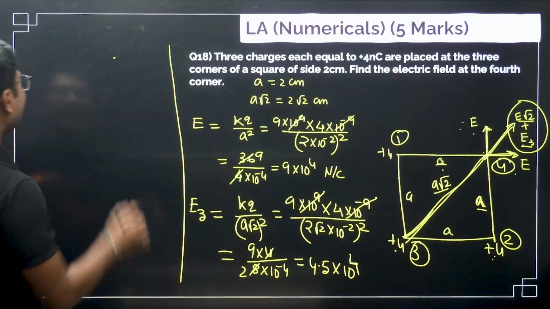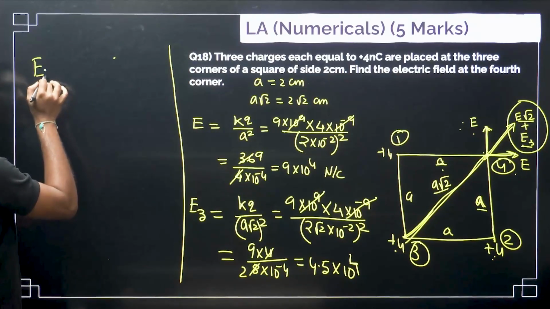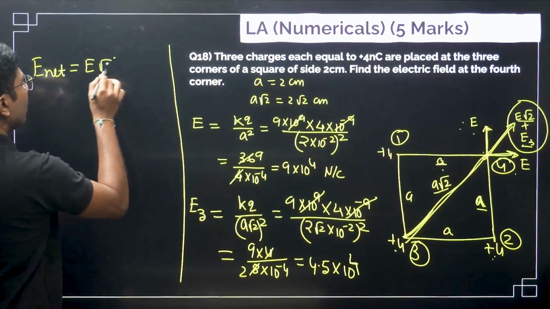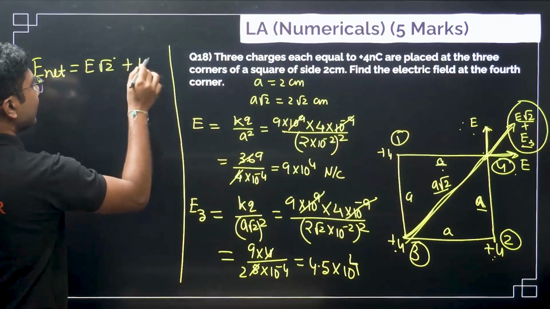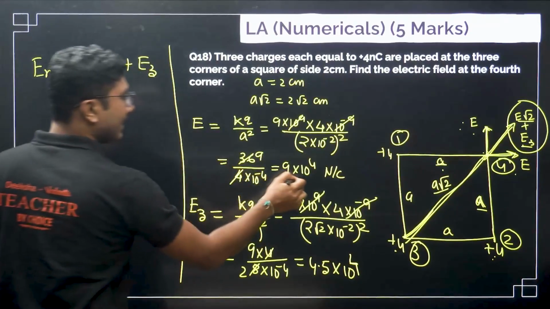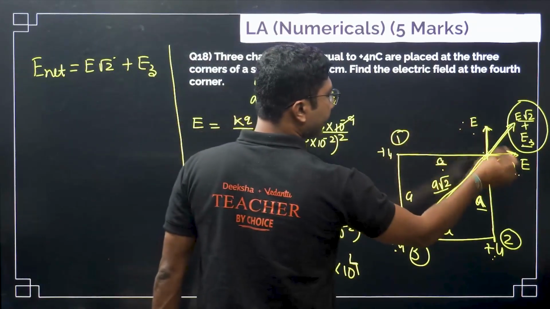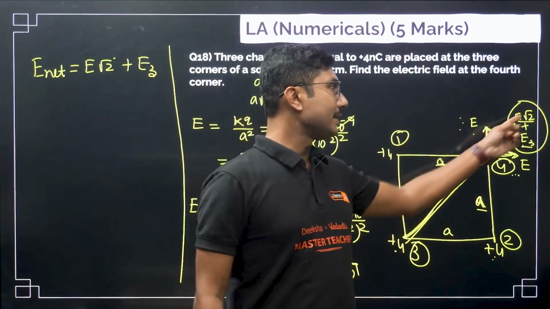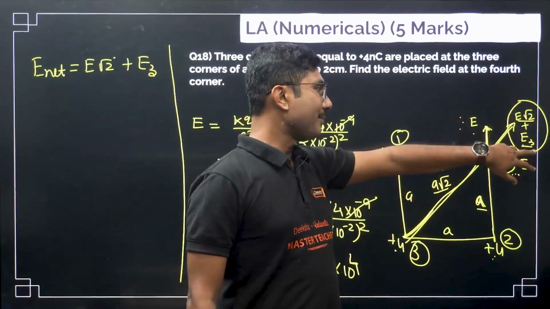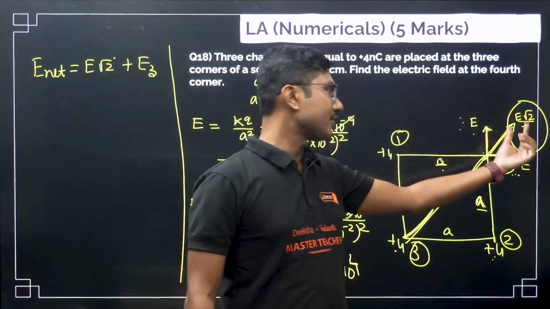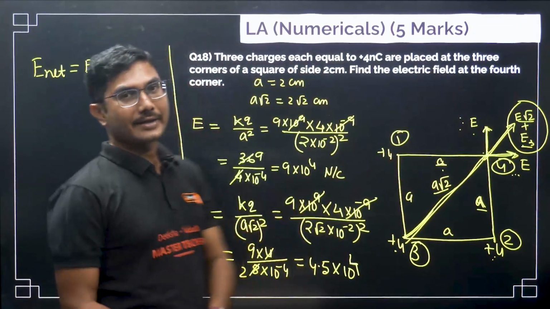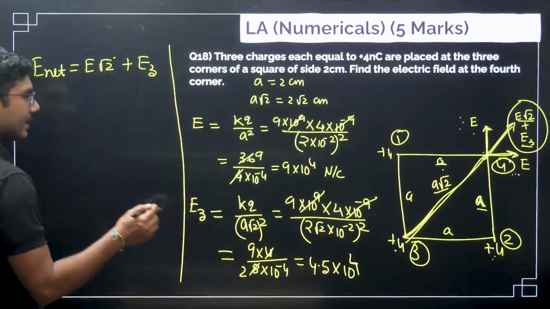Now what is the net electric field, by the way? The net electric field I already explained, that will be E root 2 plus E3. Why E root 2? Because there are two electric fields, they are perpendicular to each other, so their net resultant is E root 2, which is in the same direction as E3. Same direction means we can add them.